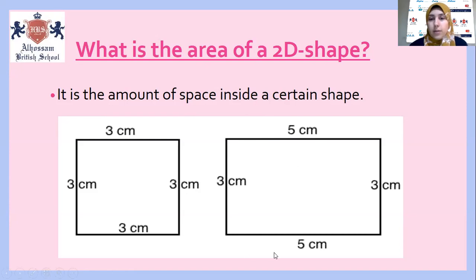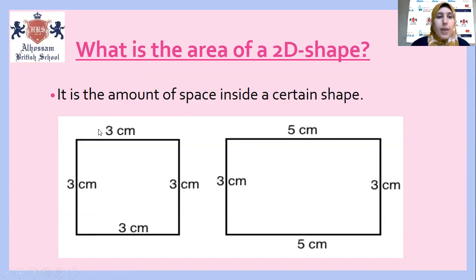When we divide or split or cut this shape into square units, we need to know how many square units are there in this shape. This is the area. So it will be by the same unit squared. What's meant by square? We put a 2 over the unit.